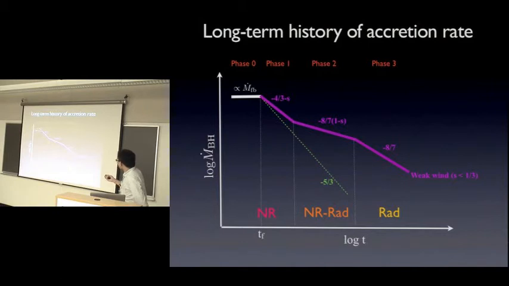So if the wind is weak, then the viscous spreading accretion rate evolution power law, as shown by this purple line, is always shallower than the fallback rate decay power law. That means the final accretion rate is always dominated by the viscous spreading accretion rate power law.